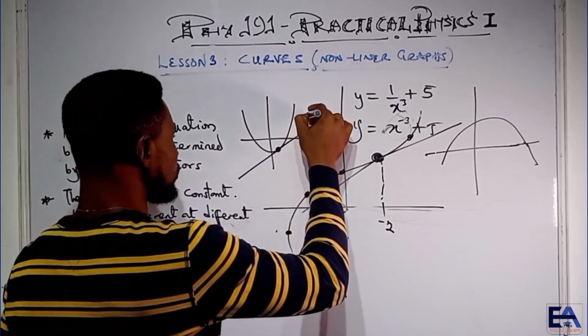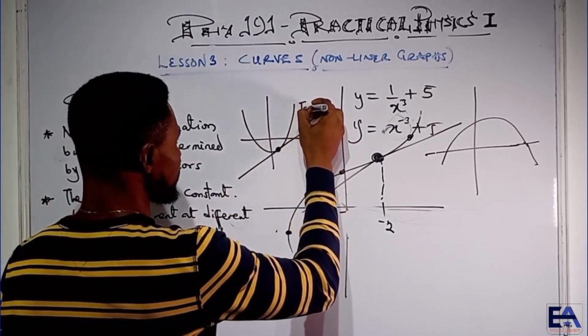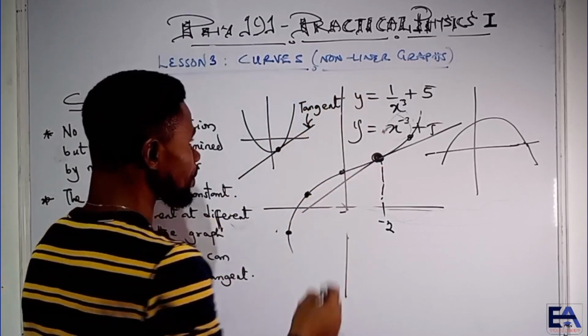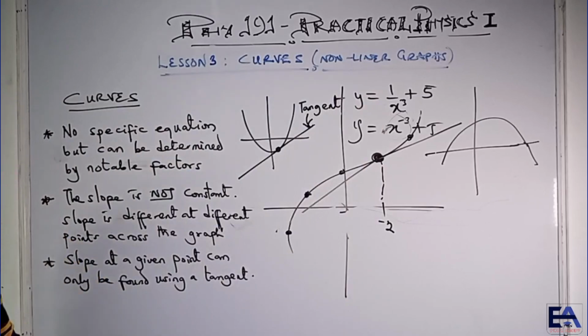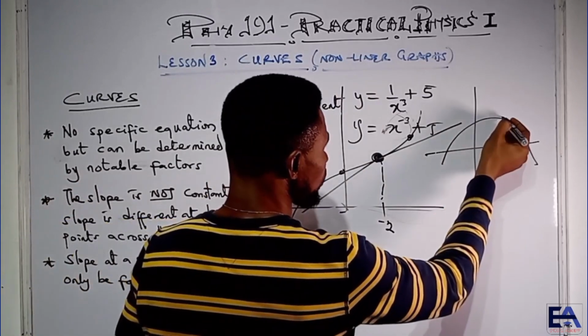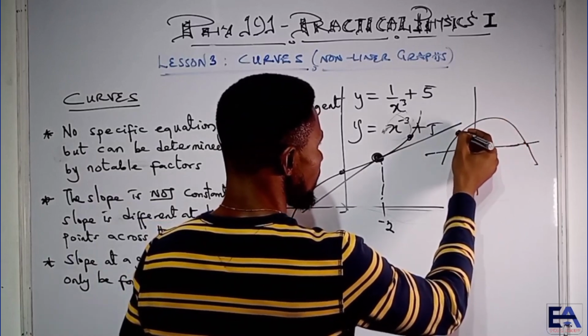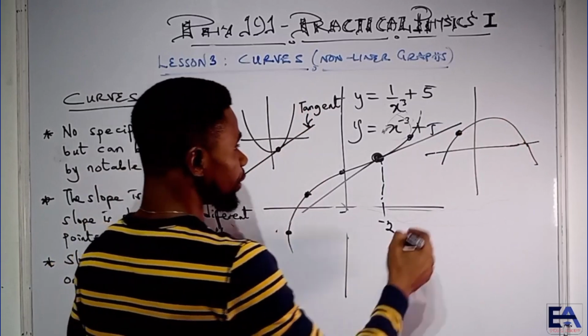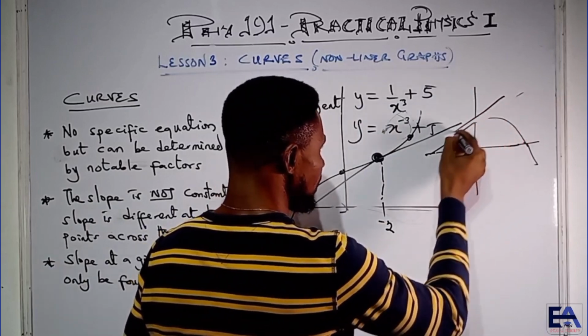This straight line that you draw in order to find the slope at a particular point is called the tangent. It's called a tangent line. Now, if I want to find the slope around this point, for instance, and I draw this line here, this is going to be a tangent line.